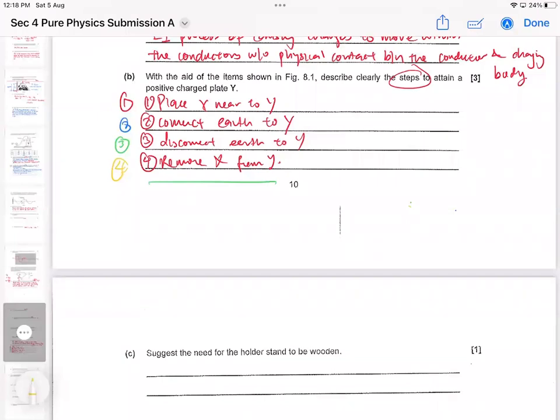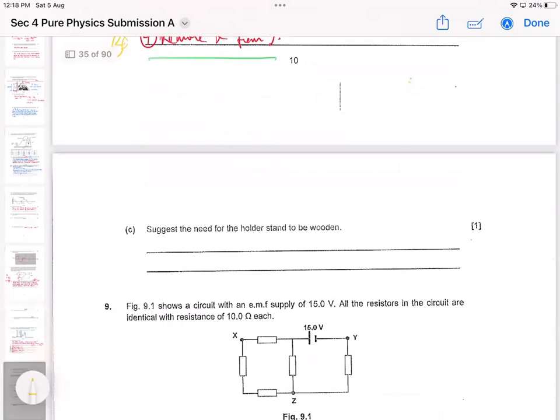Okay, so why do we need a wooden stand? Because the rod just now is a positive rod, right? So if you don't have a wooden stand, the electrons will run up to neutralize it. So we do not want any charges to flow in and out of it. It needs to be wooden.